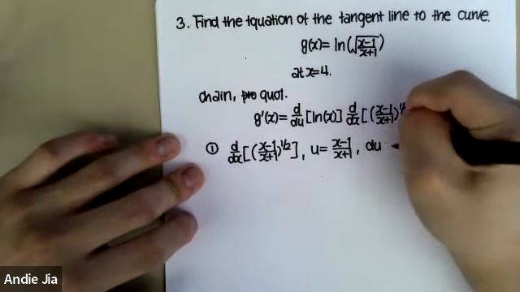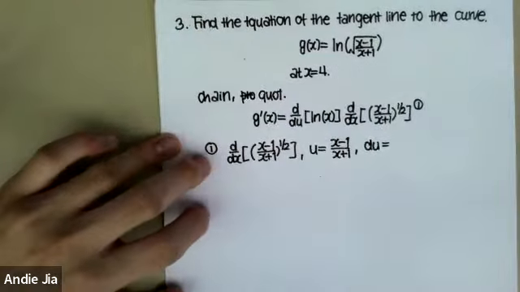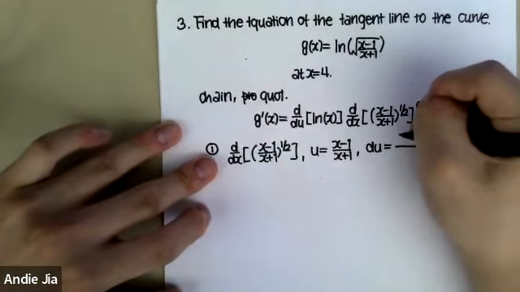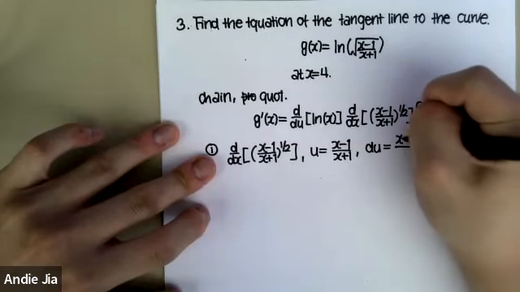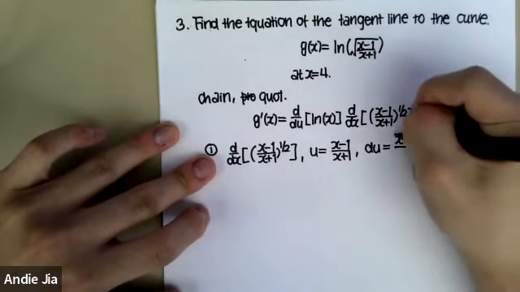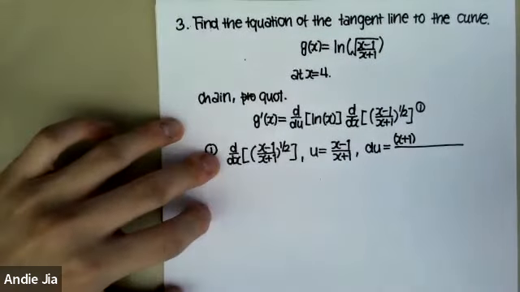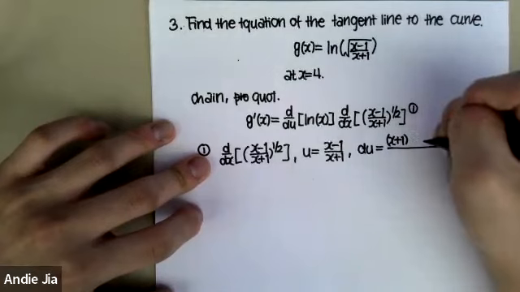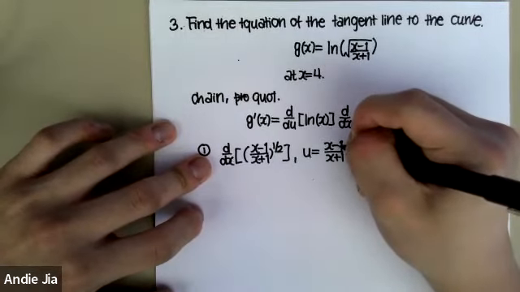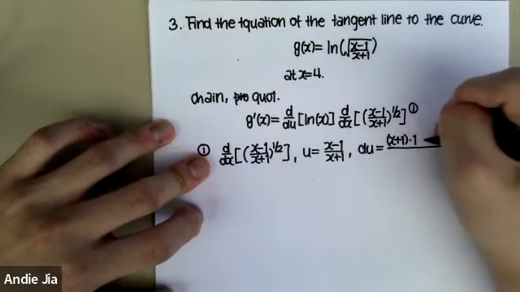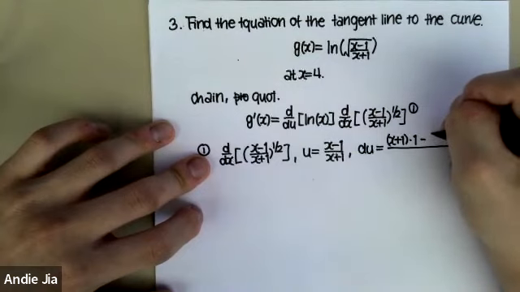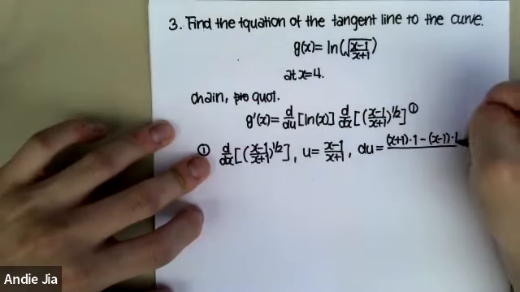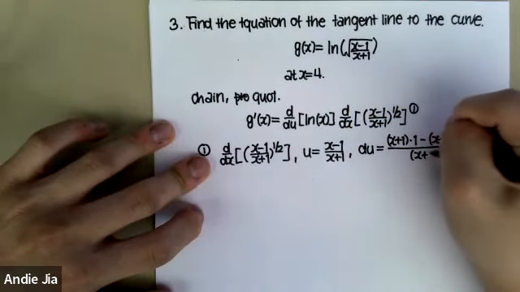Then du is, by the quotient rule, x plus 1 in the denominator. And then the numerator is 1, minus x minus 1 times the derivative of x plus 1, which is 1. The bottom is going to be x plus 1 squared.